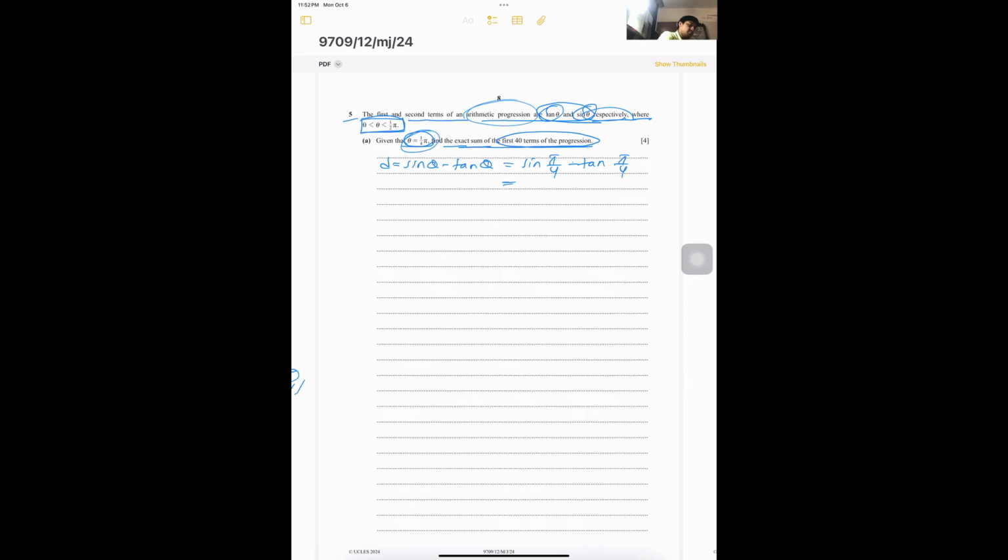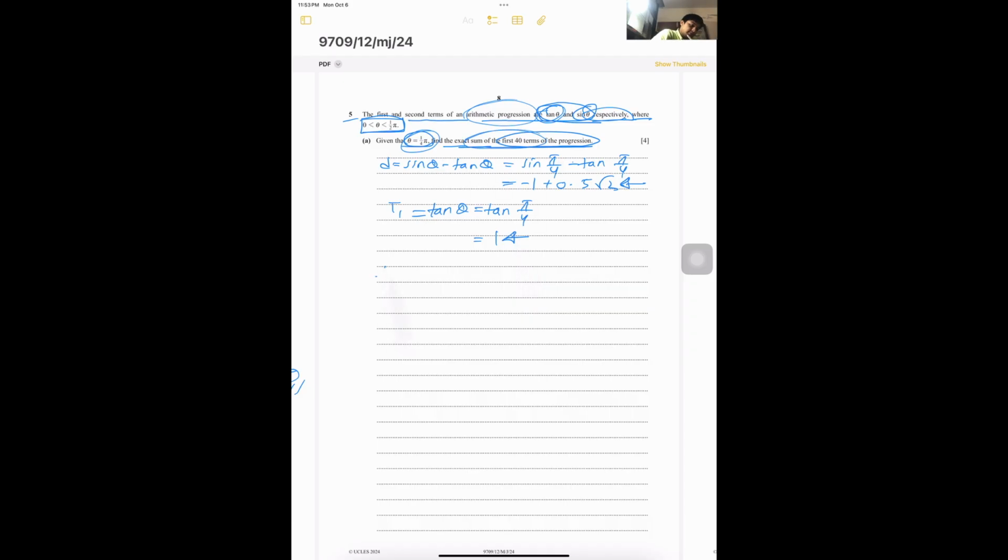Sine pi divided by 4 minus tan pi divided by 4, which is minus 1 plus 0.5 root 2. So the first term is tan theta, which is tan pi over 4, which is 1, and we need to find the sum of the first 40 terms.